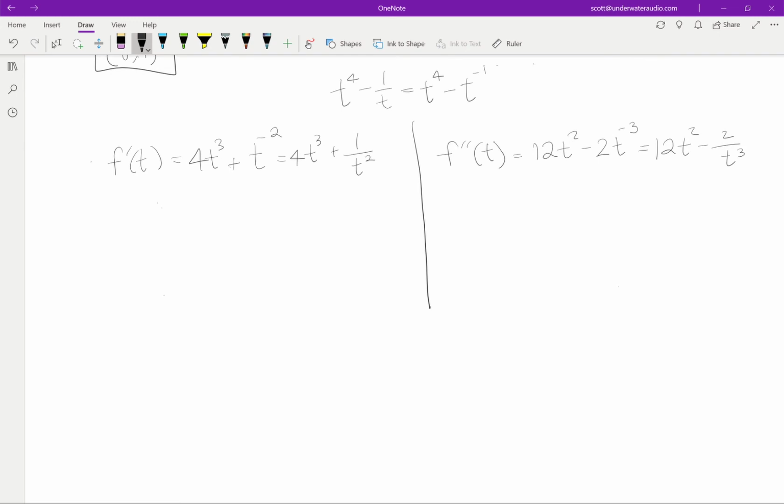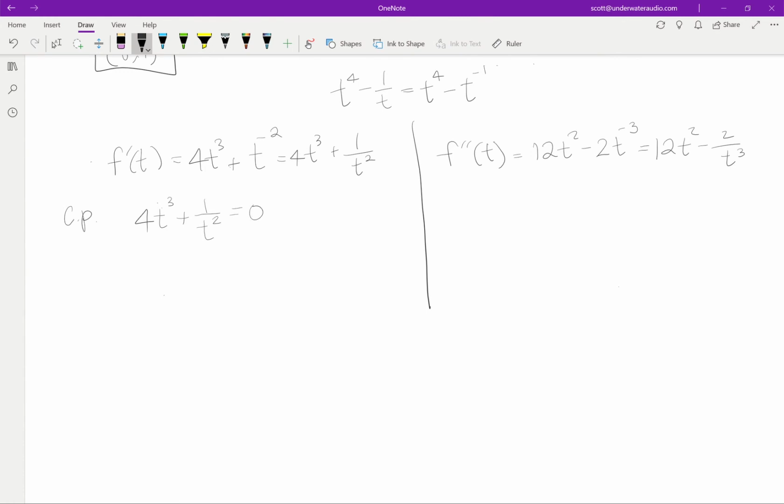Okay, so now that I have the first and second derivative, I want to find the critical points, and I would do that by setting my derivative equal to 0, and in addition to that, by thinking about where the derivative is not defined.